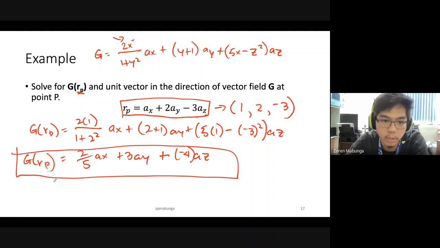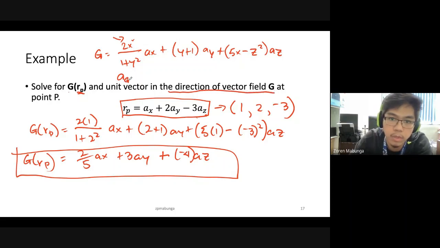Nakuha? Then for the unit vector, ang unit vector natin is letter A, and then yung subscript niya is kung saan direction ba siya, which is in the direction of vector field G. So yung subscript niya will be G. Ang formula is yung vector G divide by magnitude niya.